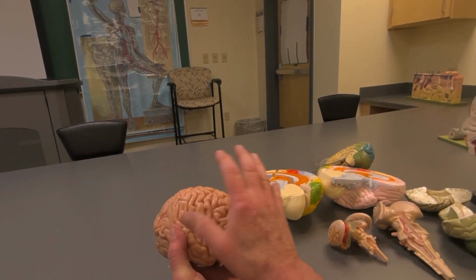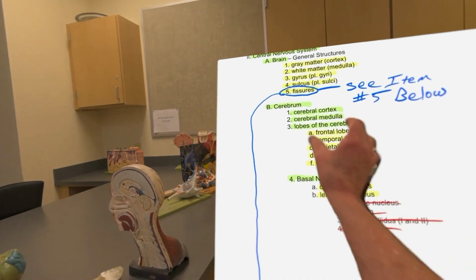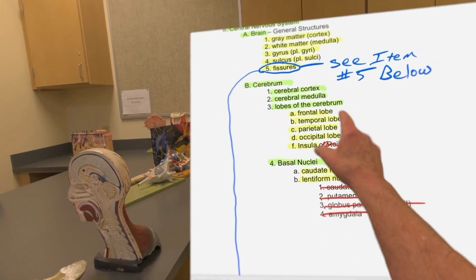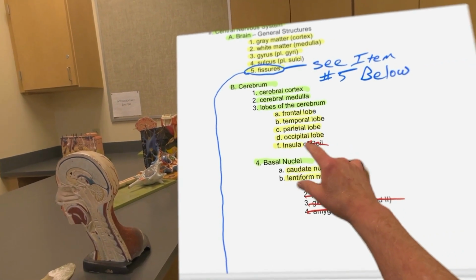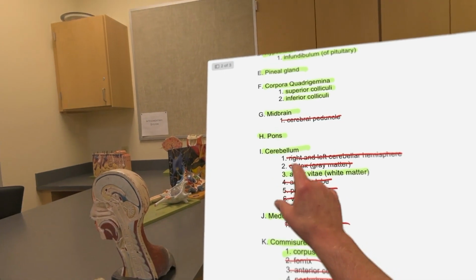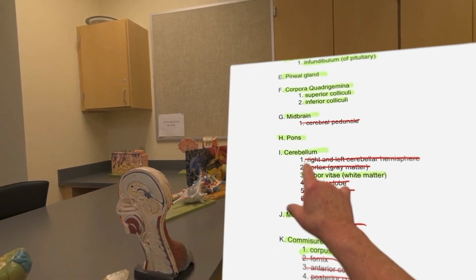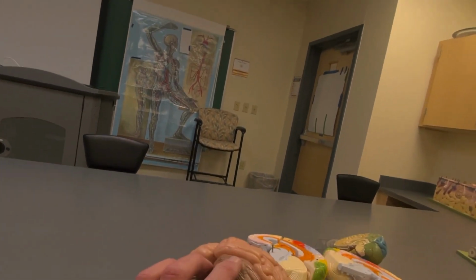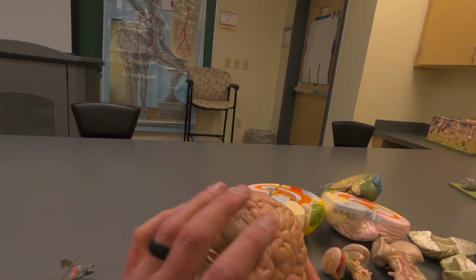All of this big wrinkly part, that is cerebrum. Take a look at the word cerebrum, where we found frontal lobe, temporal lobe, parietal lobe, occipital lobe, and insula, and compare the word cerebrum to the word cerebellum. The cerebellum is clearly the longer word, but it is the smaller structure. Cerebrum is the shorter word, but the bigger structure.